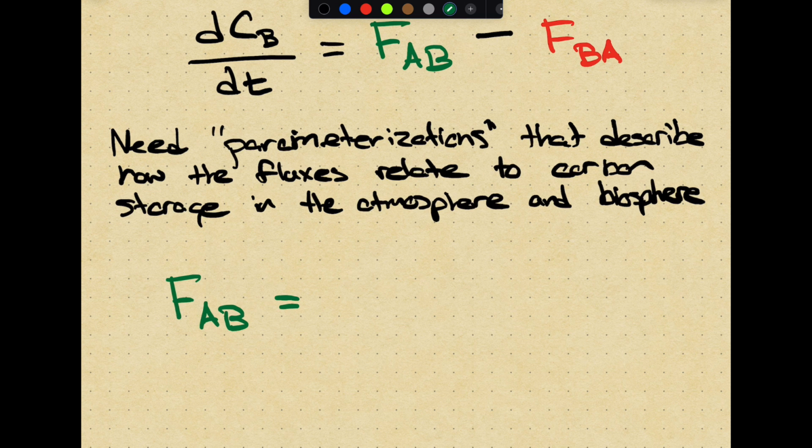So really what we want to capture is that when there's more carbon in the atmosphere, our flux from the atmosphere to the biosphere will be larger. So the way that we're going to prescribe that is to say that there's just this coefficient K_AB, and we're going to multiply that times the carbon in the atmosphere.